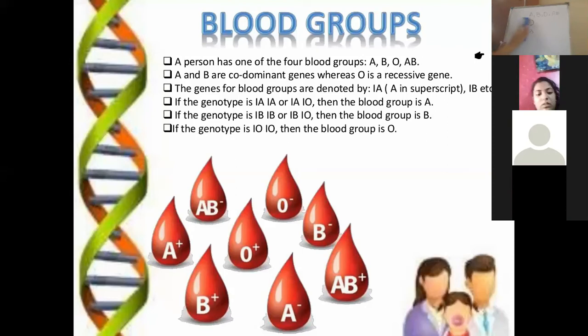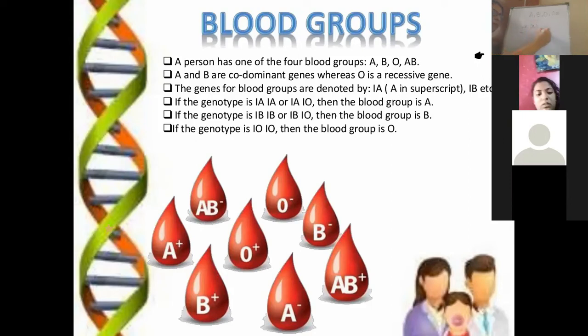Now, if I write down the genetic description of the gene which determines the blood group, it can be written as IA and IA.